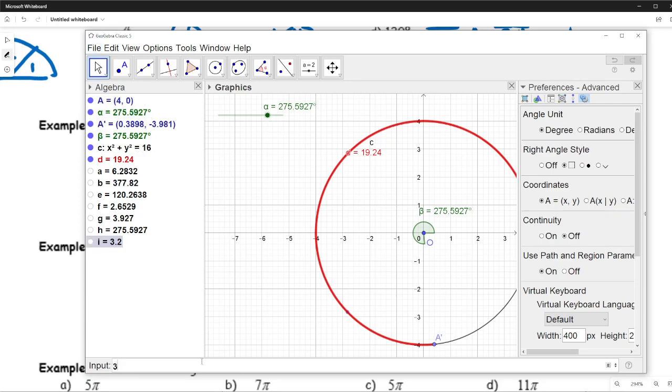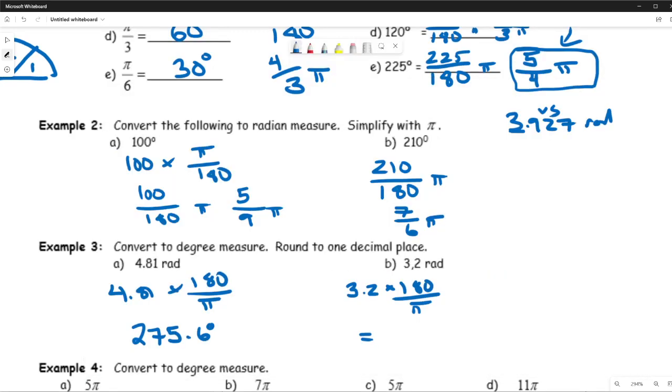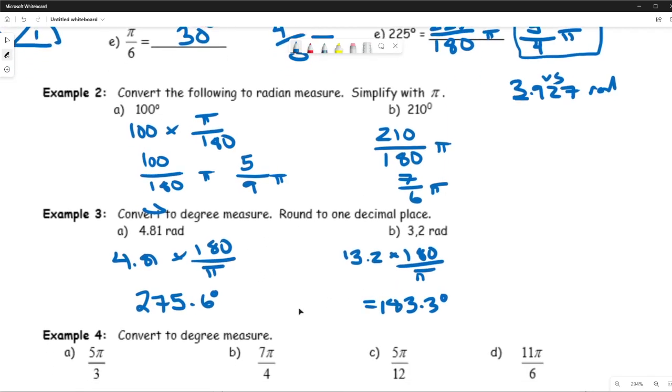I get a number that's very close to 180. It's slightly bigger than 180: 183.3 degrees. Okay, and that would be converting that radian to degrees.